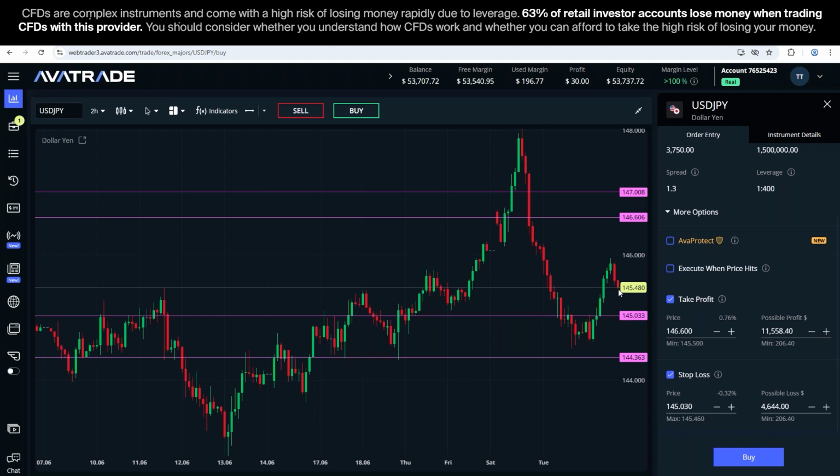So this pullback, if it gets down below the pivot line and below this support area, perhaps you give up on the buy if you're looking at a buy move here. So 144.36 for a stop loss in this setup. The take profit, here's the take profit zone up here.